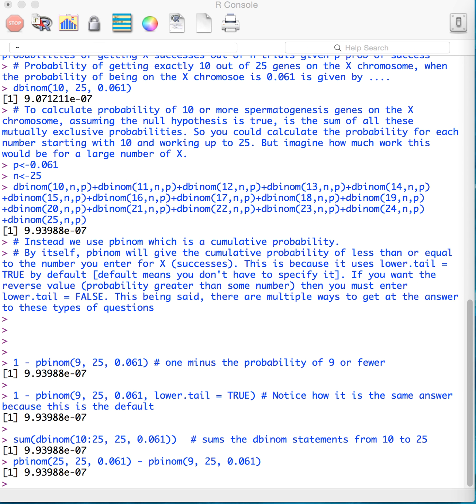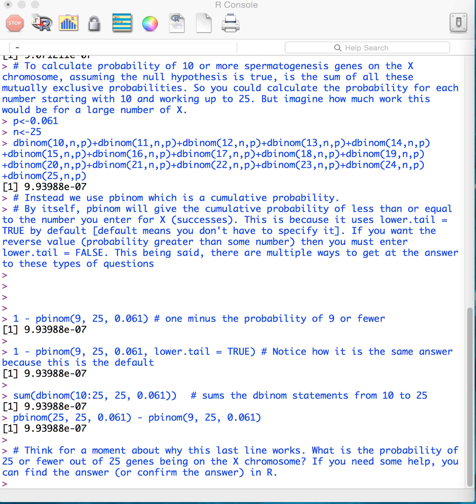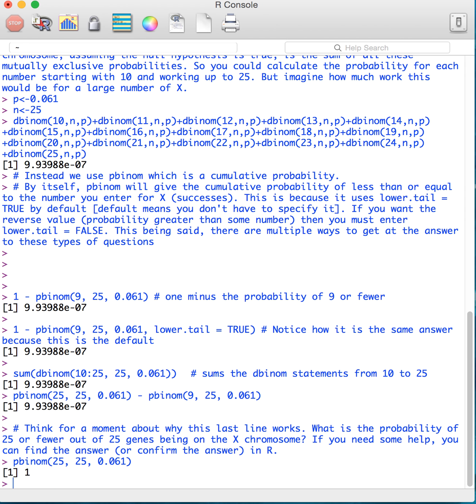So this is the same as the very first entry that we made up here. In thinking about why it is that this works, we could actually even call this up just to prove to ourselves, in fact, that we do get 1. So that's why that works.